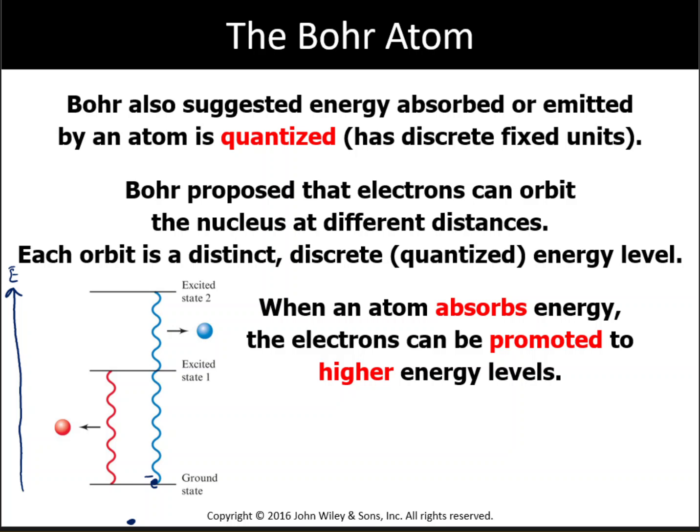As soon as the electron absorbs that energy, the energy of the electron is going to increase. Now, that energy is not going to match the energy of the first level, so the electron is going to go up to an energy level where its energy matches. So let's say that the electron from the first energy level is going to absorb energy and go all the way to the second energy level.